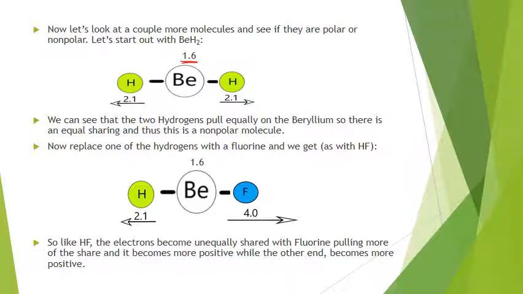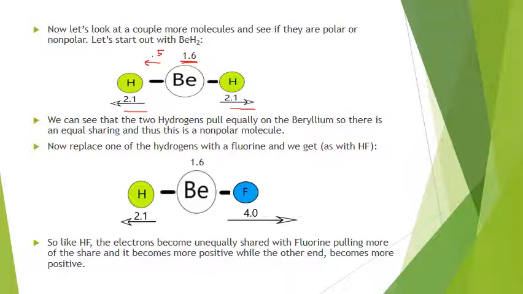We have beryllium with 1.6 and each hydrogen with 2.1. Let's look at the individual bonds first. So in this bond here, 2.1 is being pulled to the left, and 1.6 to the right by beryllium, so there's a net of 0.5 to the left.